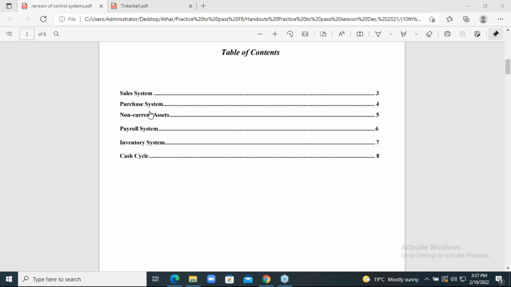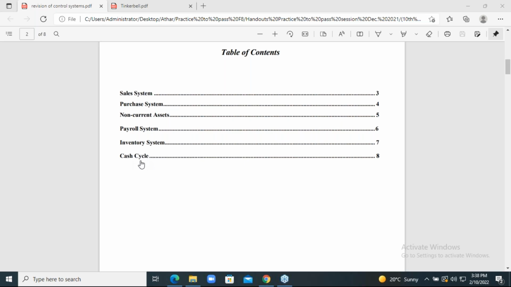Nowadays, the examiner is mixing these 3 systems. The first portion of a question will be from the sales system, and the last portion will be from the cash receipt system, or the first portion will be from the payroll system, and the last portion will be from the cash payment system.